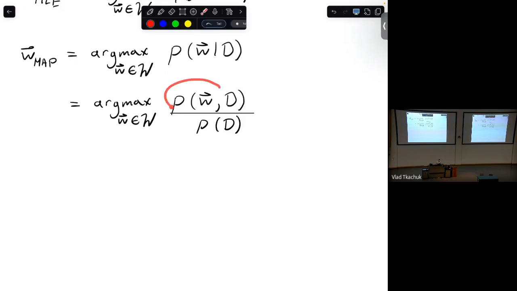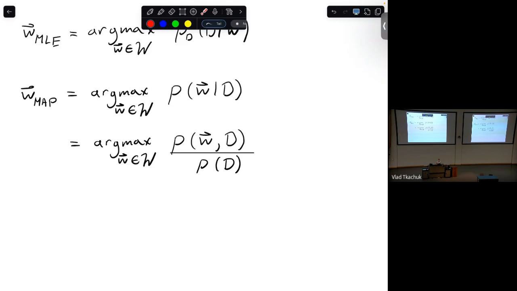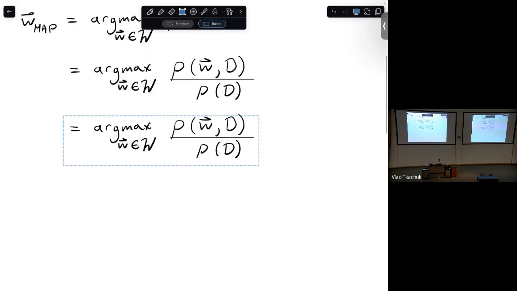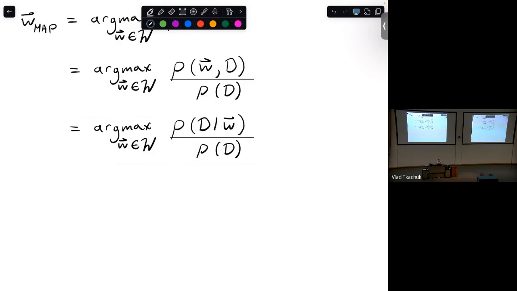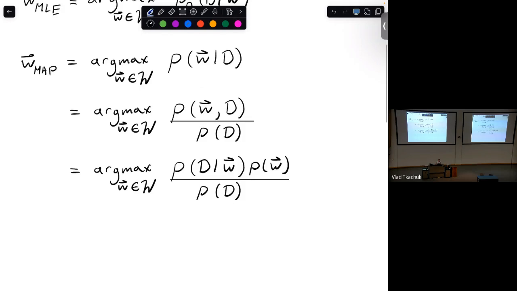Now the top thing, using the chain rule, can be expanded in the other direction. In other words, you can write this as the PDF of D given W times the marginal of W. These 2 steps together are called Bayes' rule, which changes this to the density of D given W times the marginal of W. This step is called Bayes' rule.